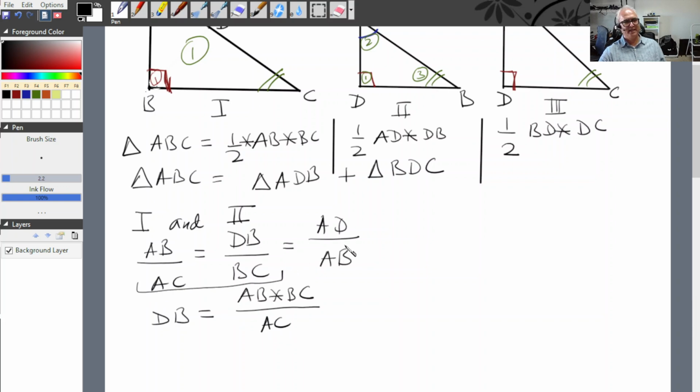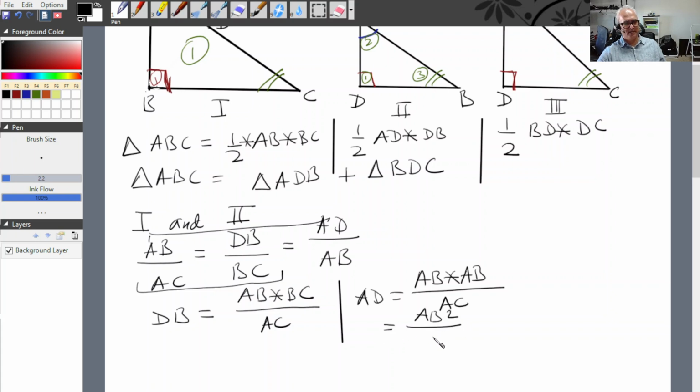And AD will be, and now I'm doing this, AB multiplied with AB divided by, again, AC. So this is AB square divided by AC.